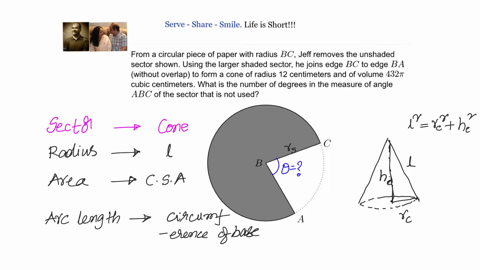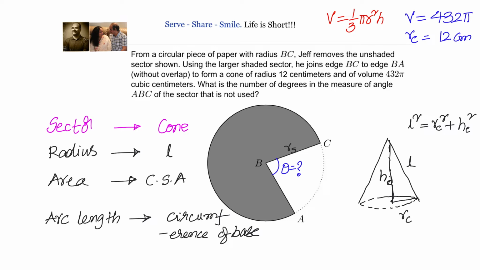First I will gather all the information given for the cone. We have been given that volume equals 432 pi. We also know the radius of the cone is 12 centimeters, and the volume is 1/3 pi r square h. That is the formula for the volume of a cone.